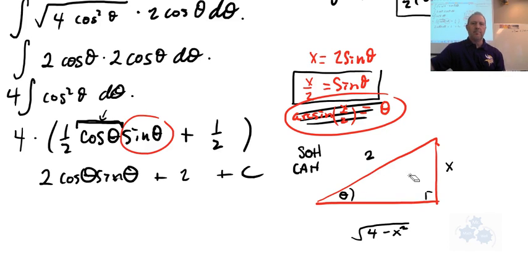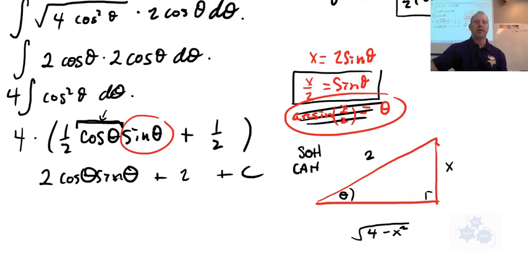So again, Pythagoras' theorem, a squared plus b squared equals c squared. Or this side equals the square root of this squared minus this squared. Okay?